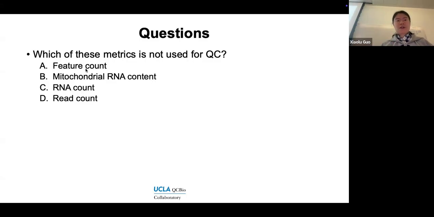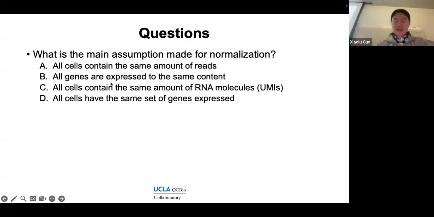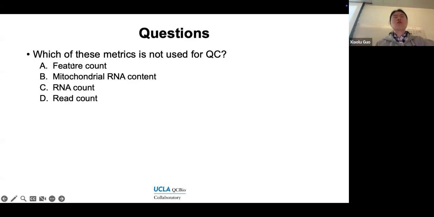And also if a cell expressed too many genes, for example, on average a cell expresses 1,000 genes and some cell expressed 5,000 genes, that's an outlier, and we can use that to exclude the doublet, where potentially the droplet captured 2 or more cells. So that cell is also an outlier that we want to rule out.